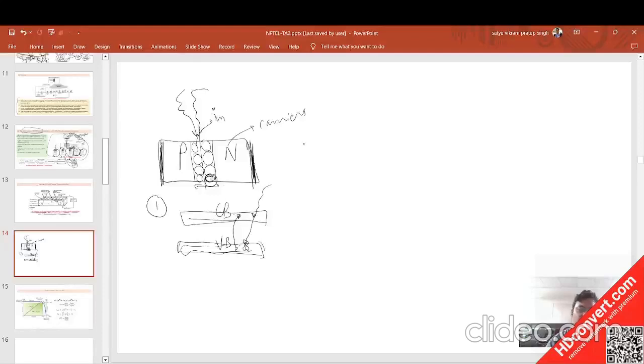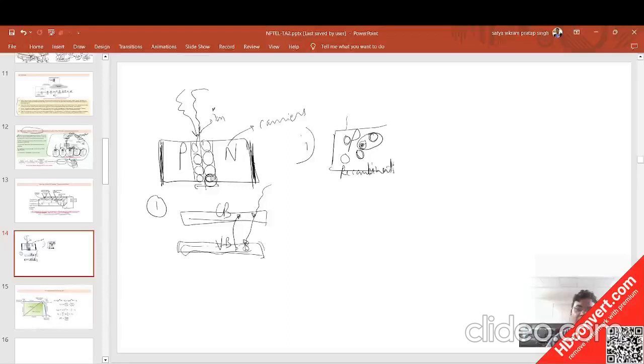Suppose I take three cases. First, when the p side is such that holes are in the majority and electrons are in the minority. When the light falls on it, it will generate electron-hole pairs, but because holes are already present, recombination will happen.